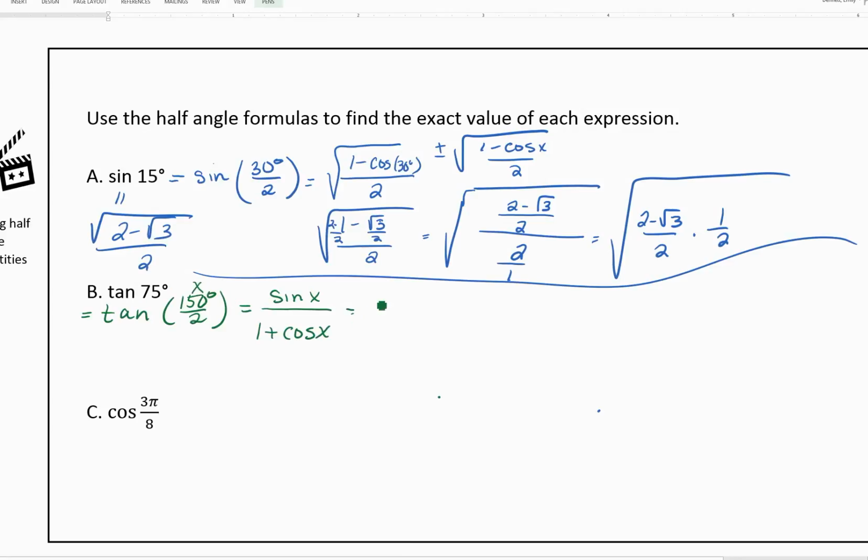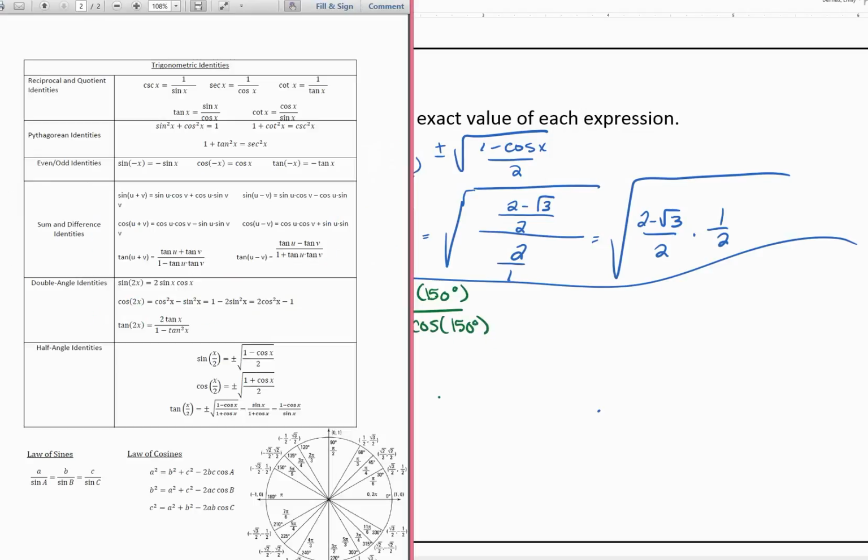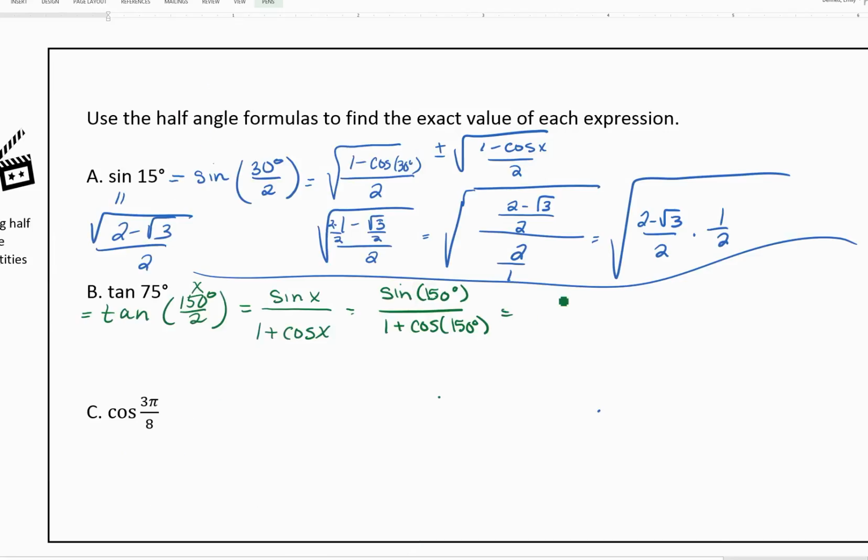So here we want sine of 150 over 1 plus cosine of 150 degrees. Using our unit circle, at 150, sine is 1/2, and cosine is negative square root of 3 over 2.